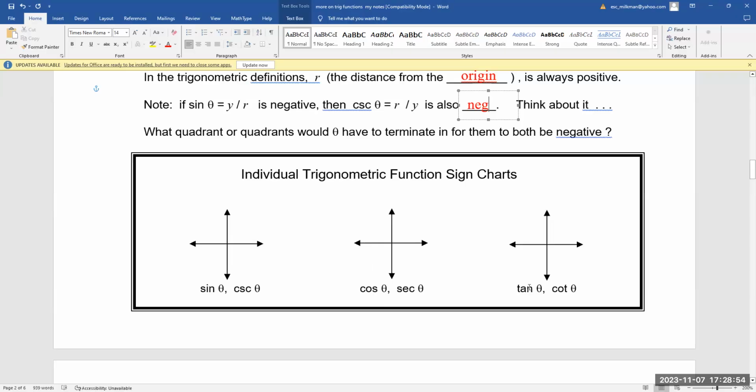The tangent's negative. Well, remember, the tangent is y divided by x. That means they have to be opposite in sign. One's positive and one's negative. And that will happen in quadrant 2, where the x's are negative but the y's are positive, or in quadrant 4, because the x's are positive and the y's are negative, and that would make your tangents and your cotangents negative. I'm now going to go to what some people call an acronym.